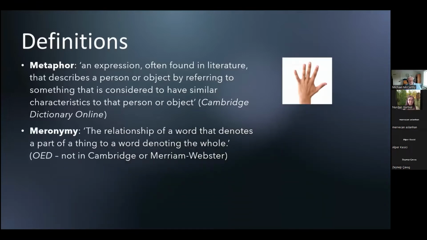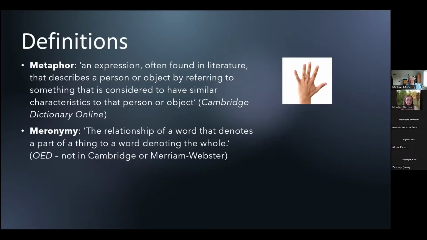Meronymy is described as the relationship of a word that denotes a part of a thing to a word denoting the whole. The interesting thing about this, and this I'll come back to later, is that the word meronymy is not in the Cambridge Dictionary, and it's not in the American Merriam-Webster Dictionary.